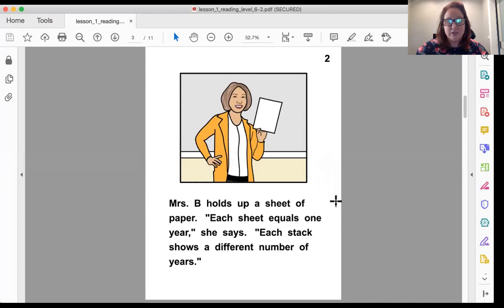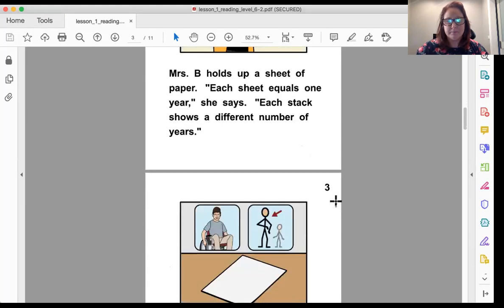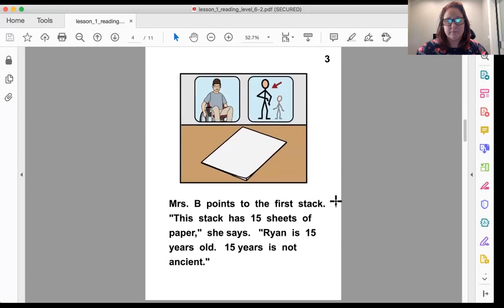Each sheet equals 1 year, she says. Each stack shows a different number of years. Mrs. B points to the first stack.